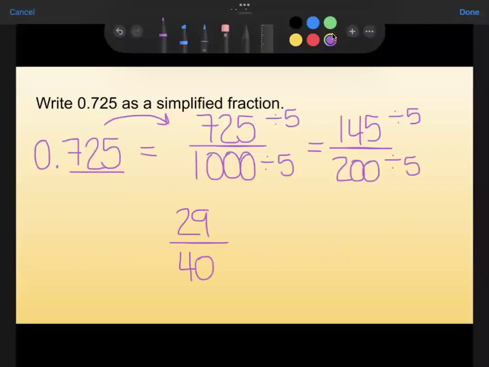Now, I know 29 is a prime number, which means the only numbers that it can be divided by are 1 and 29. If I divide it by 1, that's just not going to help me simplify, so I'm going to skip that. But I can't divide 40 by 29, so that means this is a fully simplified fraction. So 0.725 as a simplified fraction would be 29 over 40.